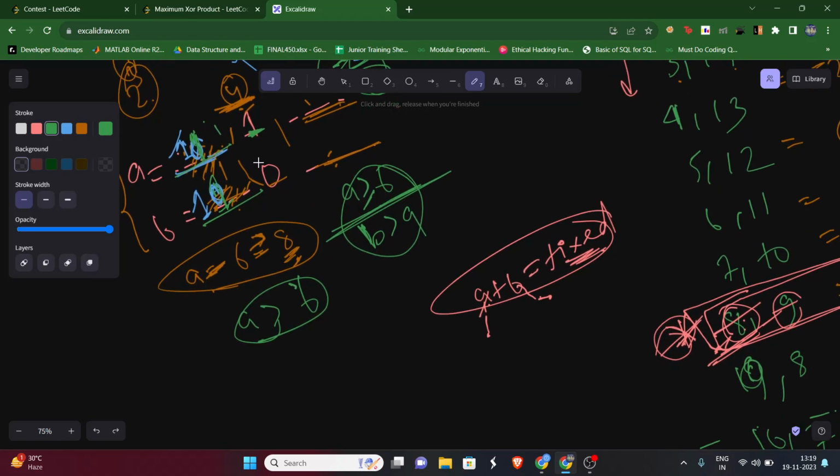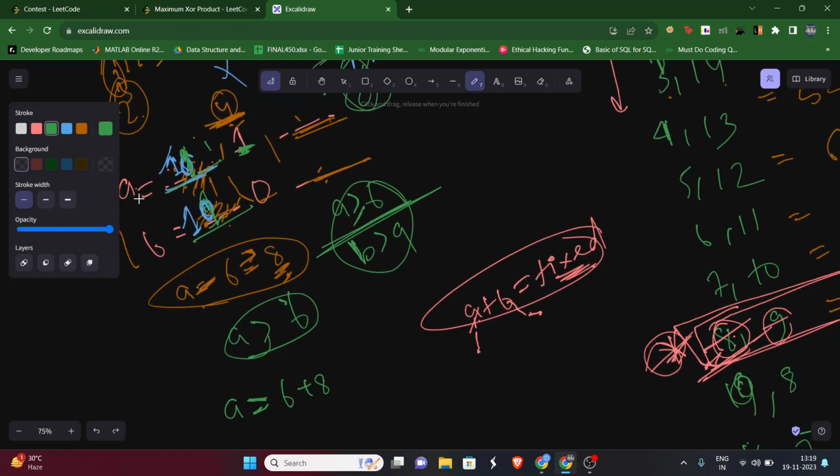So, keeping our best guess, we can say that a is equal to b plus 8. Why? Because this was the fourth bit, right, and the value is 8 over here, or like the fourth bit is set, so the overall value it will contribute to the sum of a is 8, right? The total value of a, it will contribute 8.